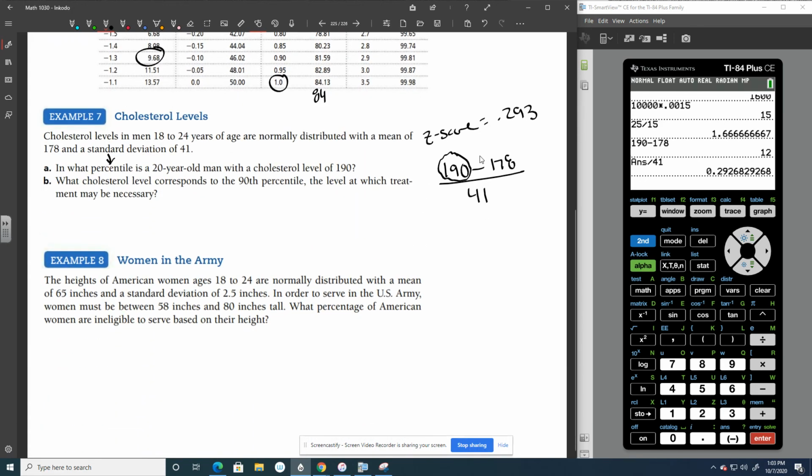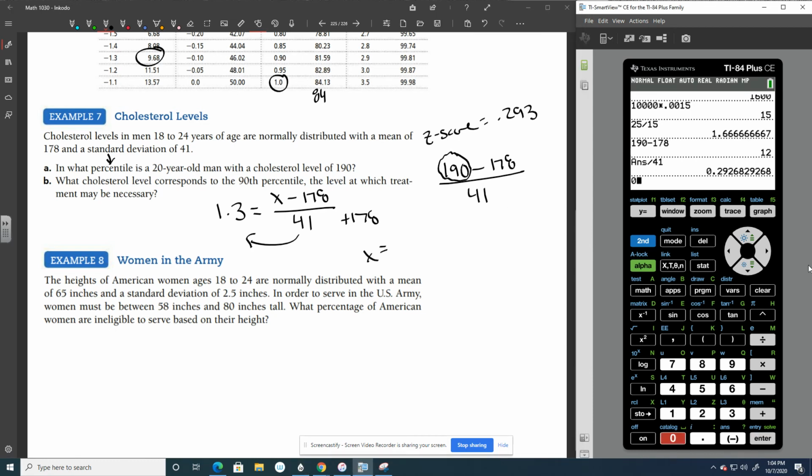So if I want my z-score to be 1.3, to get my z-score, I take the number I'm looking for, minus the average, and divide by the standard deviation. Usually we're looking for the z-score, but now I'm looking for the value. So I'm going to go ahead and times that 41 over, and then add the 178 so that I can figure out what x is.